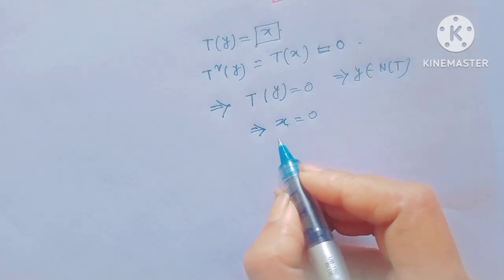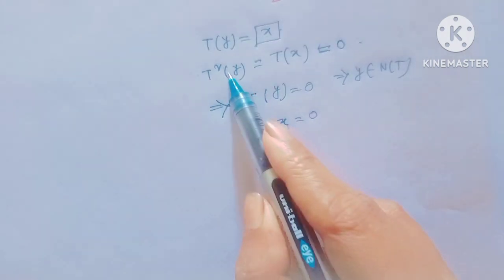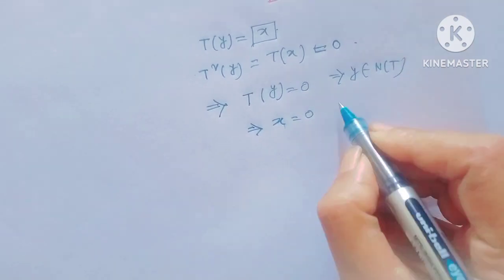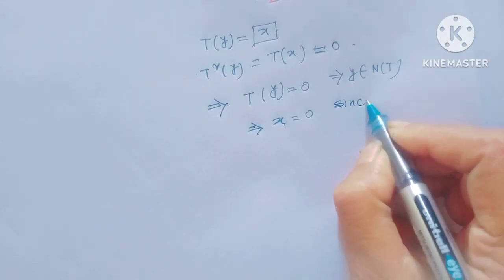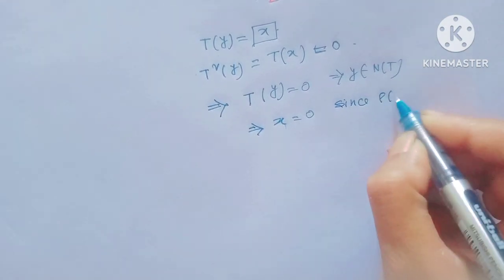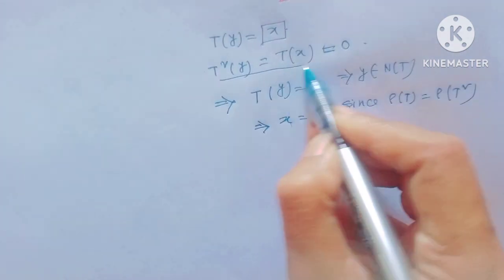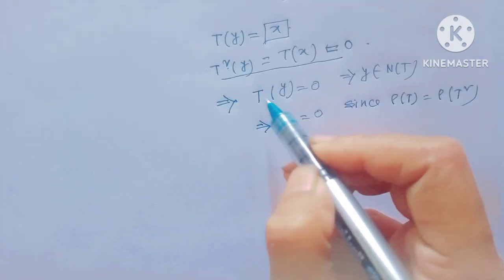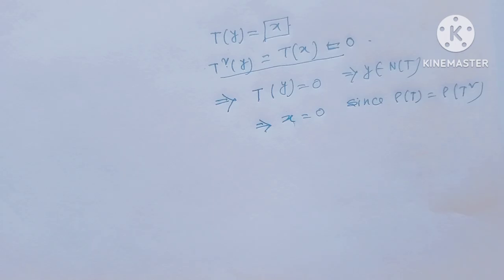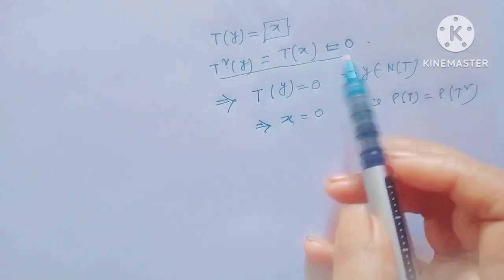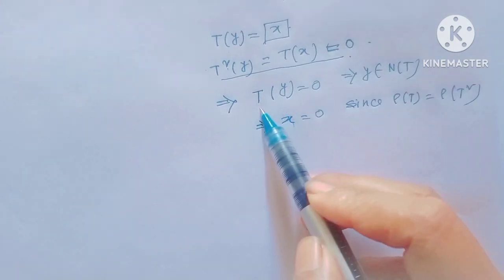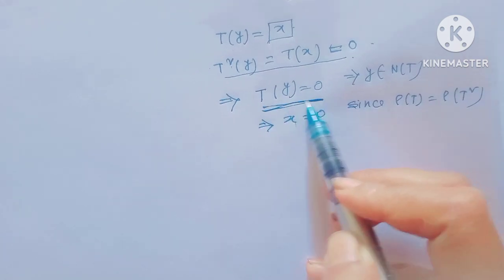And this is possible. We can write this since rank T equals rank T square, as given. So from this we can write T square Y equals T of Y. Since T square Y equals 0, we can write T of Y equals 0.